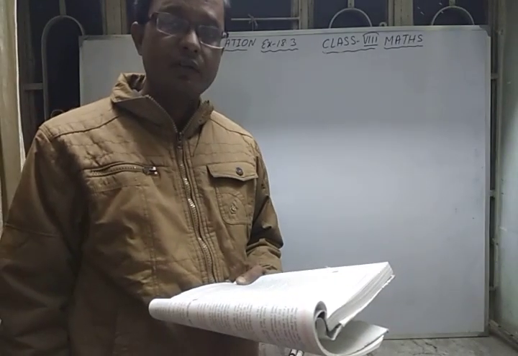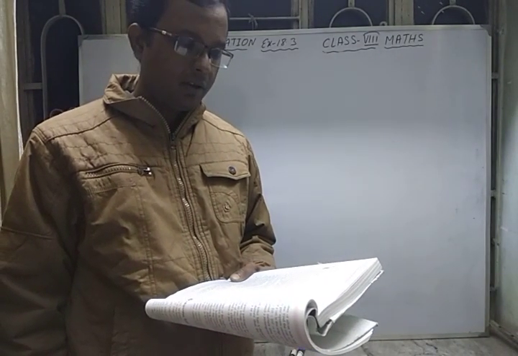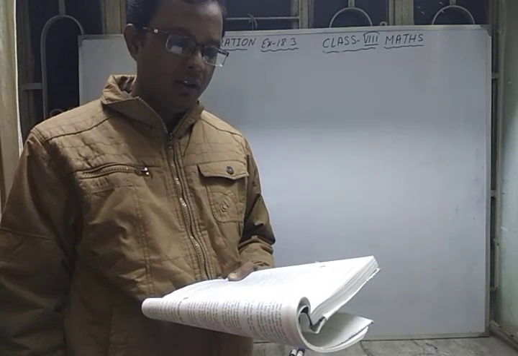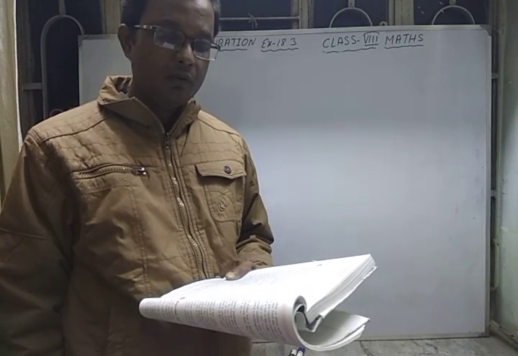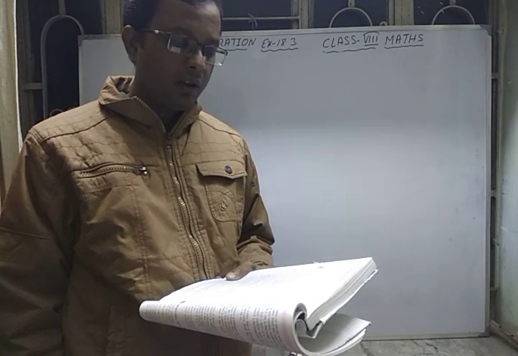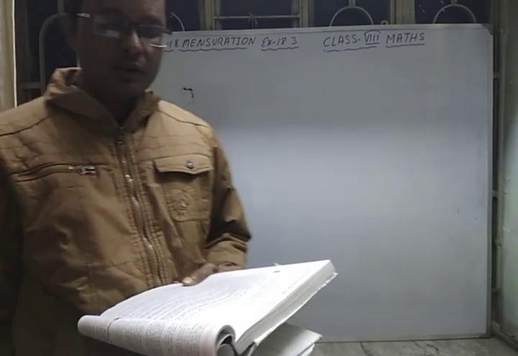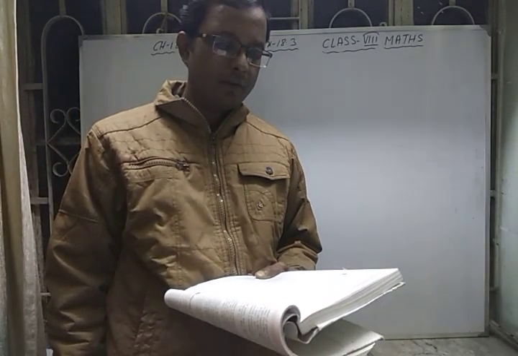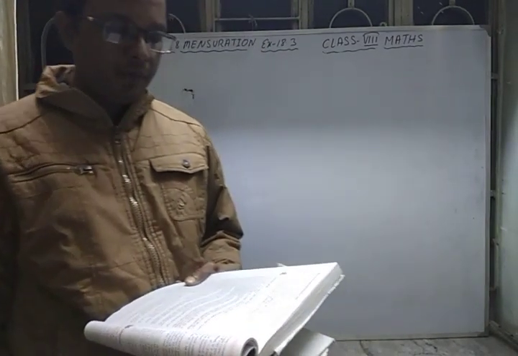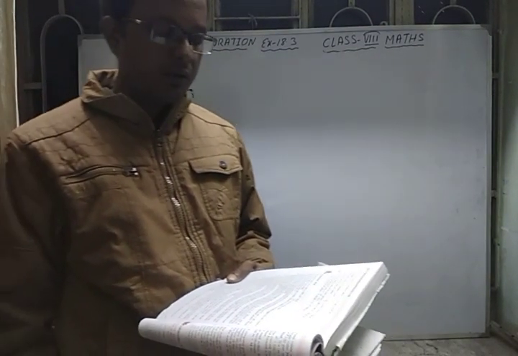There are 4 windows in this hall of measure 2 meter by 1.5 meter, and 2 doors of 1.5 meter by 2.5 meter. Find the cost of whitewashing the 4 walls of the hall if the cost of whitewashing is rupees 5 per meter square. What will be the cost of whitewashing if the ceiling of the hall is also whitewashed?